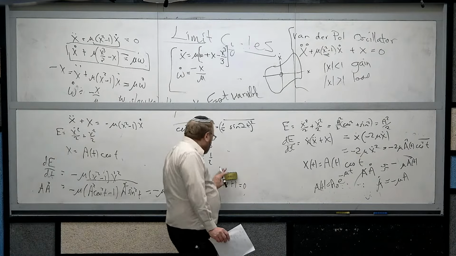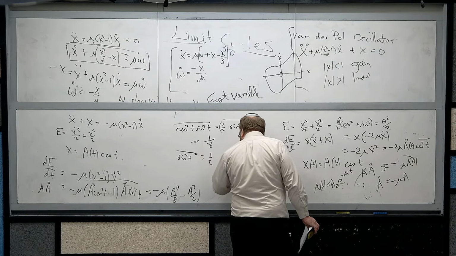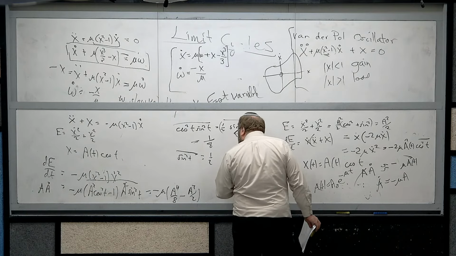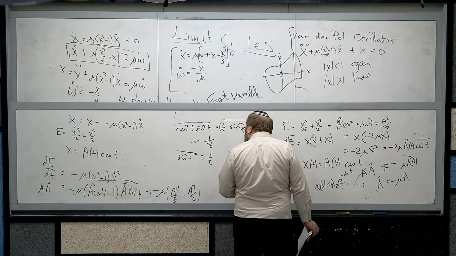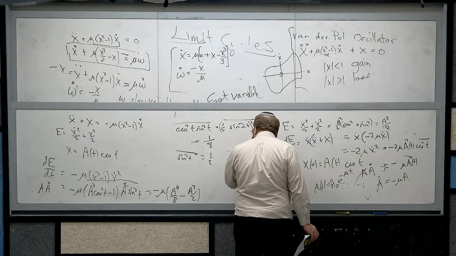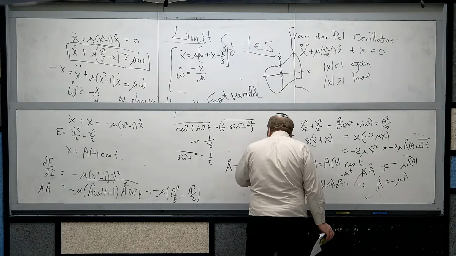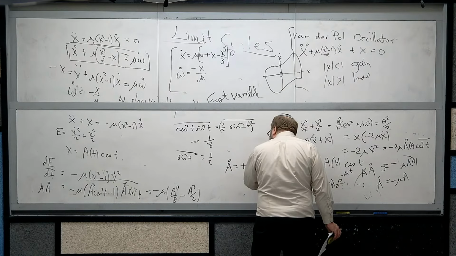So now we get the equation for A, which is a lot less trivial than we had before. It's a nonlinear equation. A dot equals plus mu over 2 a minus mu over 8 a cubed.